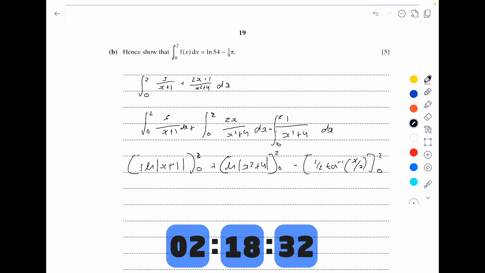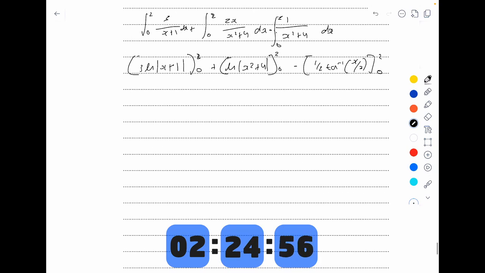So therefore, what does that mean? Well, we then get 3 ln 3 plus ln 8 minus ln 4 minus a half arctan of 1.